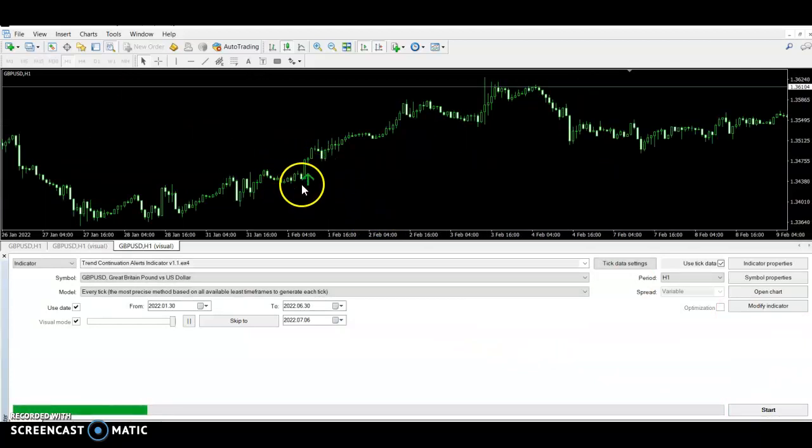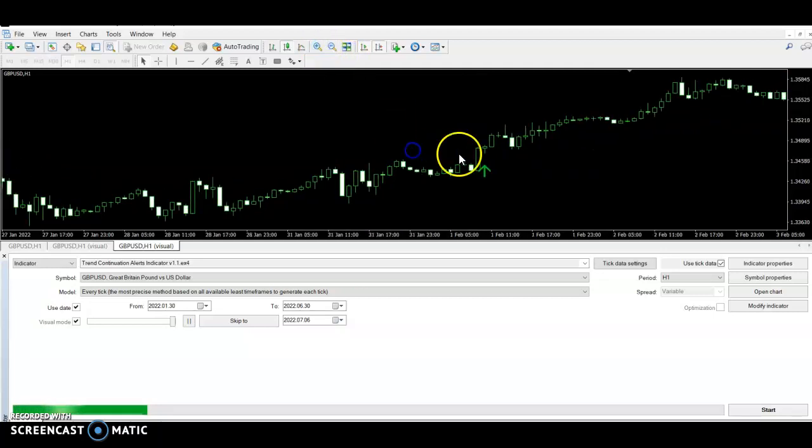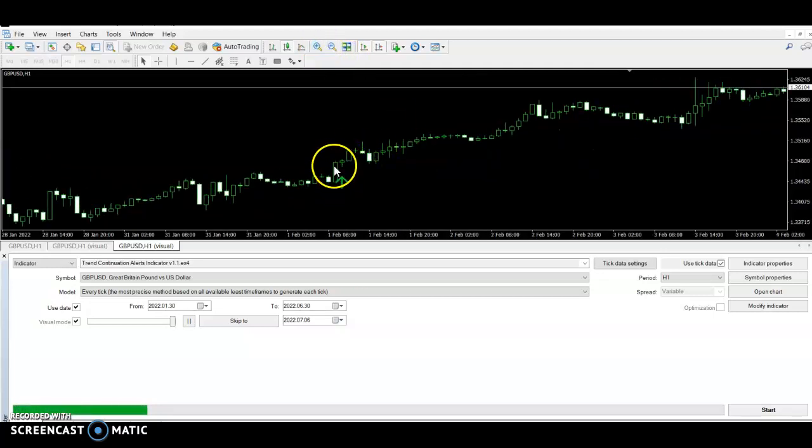Right, here's a signal. This was the signal candle here. You can see here's the trend, here's the retracement, and it broke out, and then it continued. So your stop loss would be underneath here, and then you choose your take profit depending on previous highs.